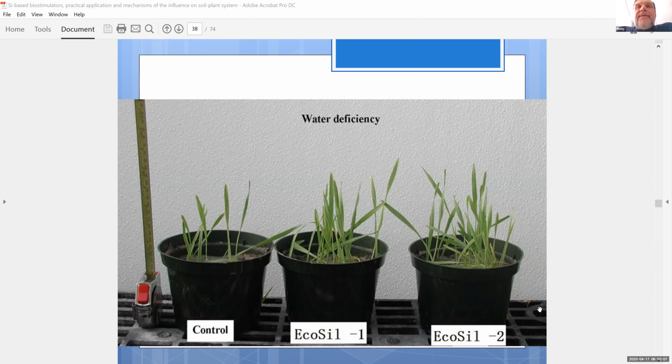This is very important now because many regions have a reduction of irrigation or a reduction of the quality of irrigation water. But if we apply silicon-rich material, we can reduce the irrigation water application rate by up to 50% and keep the same level of plant yield.